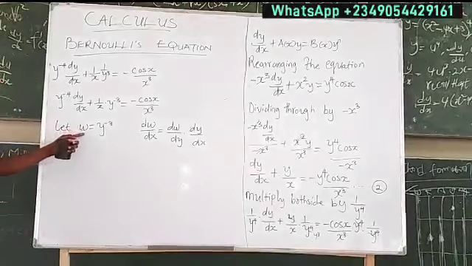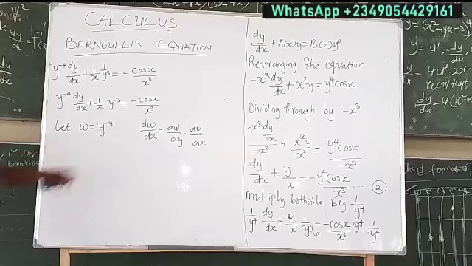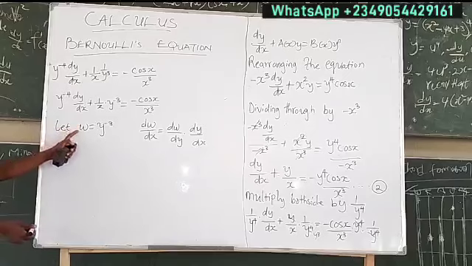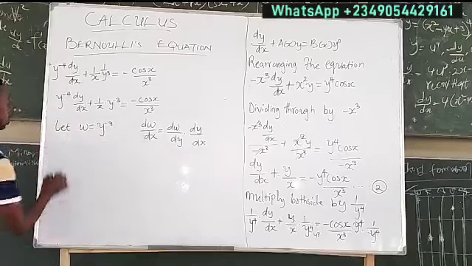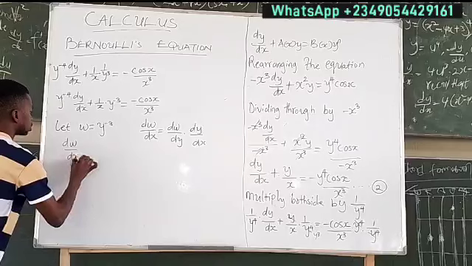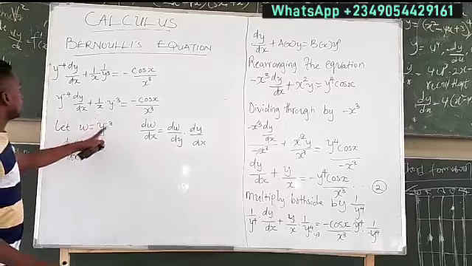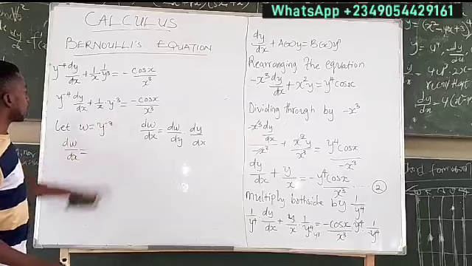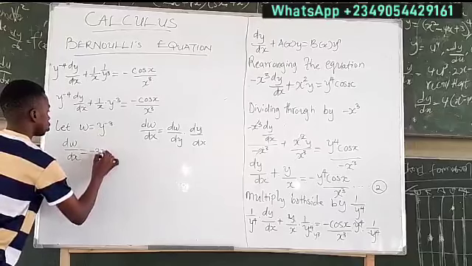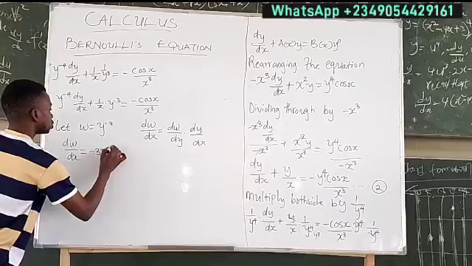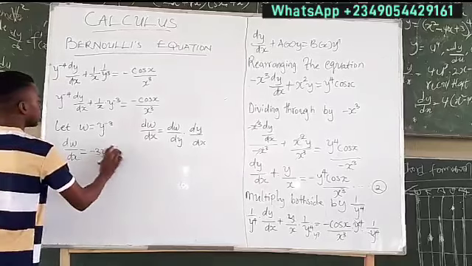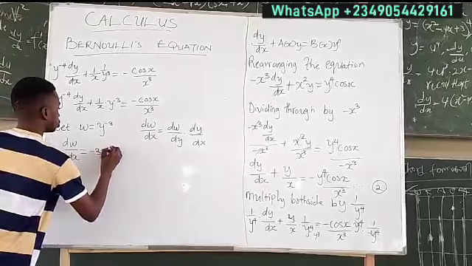Okay, from this part, let us differentiate w in respect of y. Differentiating w in terms of y, we'll be getting minus 3 y raised to the power minus 3 minus 1, which will become minus 4.